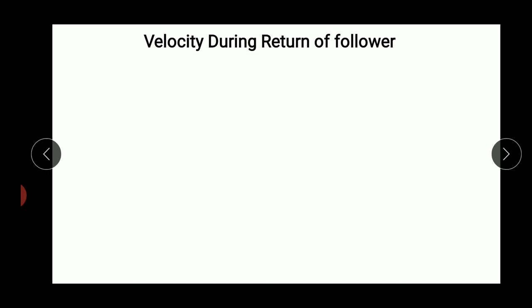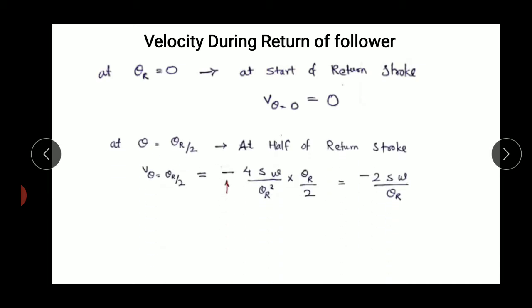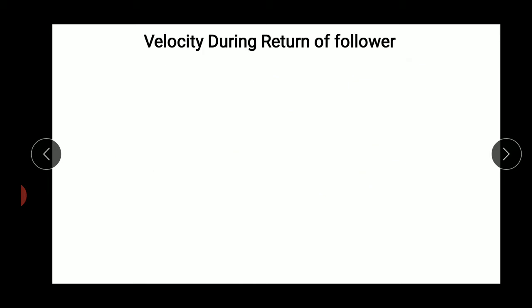Now velocity during return of the follower, as we had seen velocity during the out stroke of the follower. At the start of the return stroke, as we had seen at the start of out stroke the velocity was 0, similarly the velocity will be 0. At the half of the return stroke, instead of theta we have to put theta r by 2 over here.